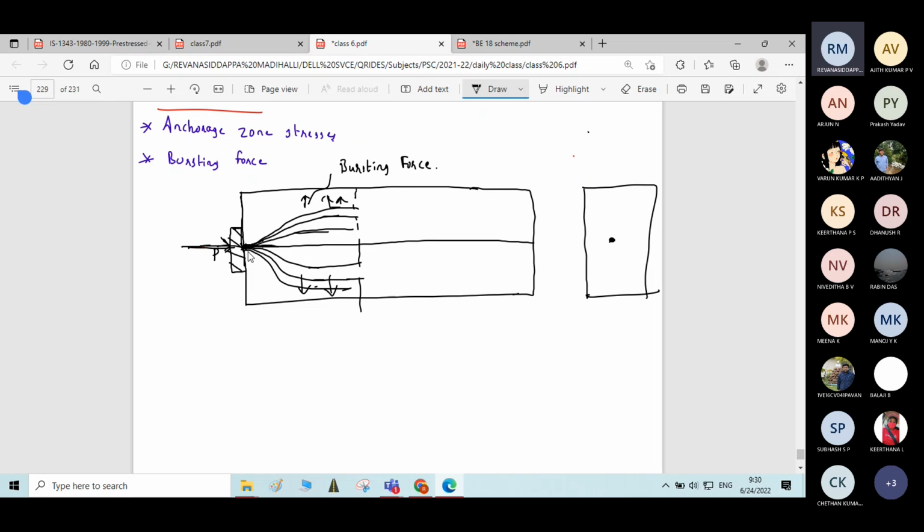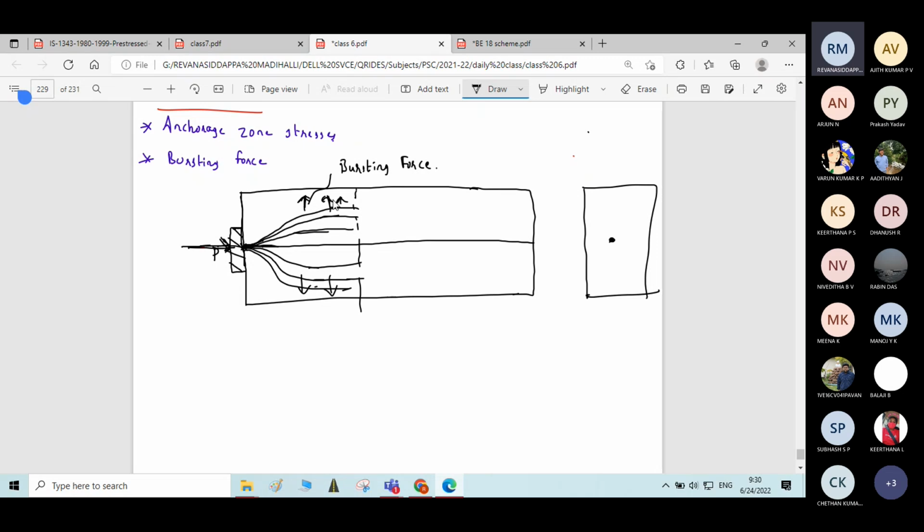There will be two kinds of stresses induced due to the compressive force which is carried by the tendon. One is longitudinal stresses, and one more is transverse stresses, which are tensile in nature.